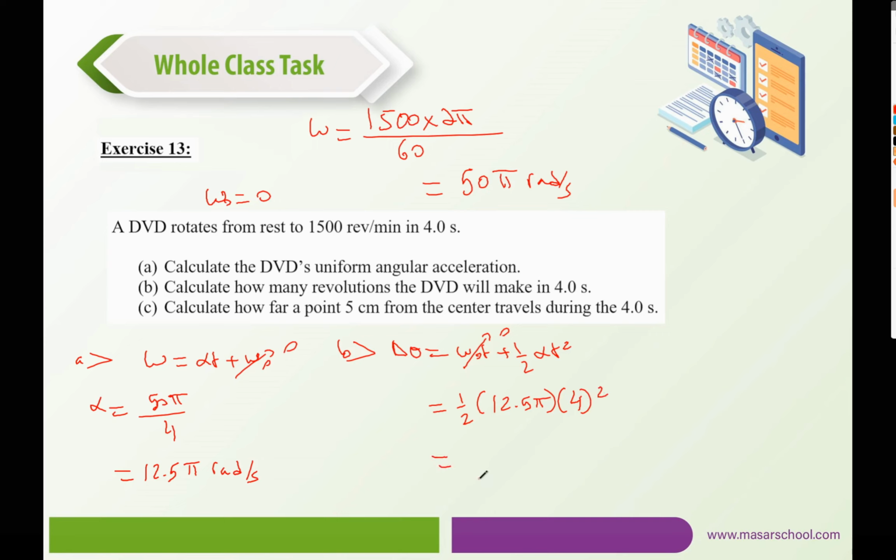Plugging that on the calculator, that would be 100 pi in radians. But remember that we need to determine the number of revolutions. If each one revolution corresponds to 2 pi, then what about 100 pi? They correspond to how many revolutions? So we simply just cross multiply. Then 100 pi divided by 2 pi, that would be 50 revolutions.